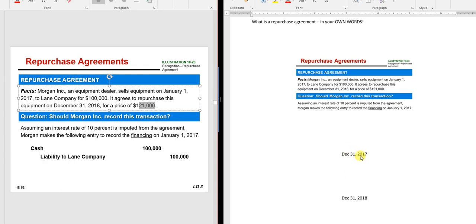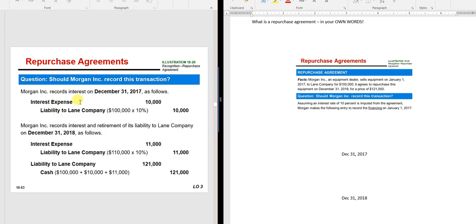Okay, so then on December 31st, 2017, remember I said that $21,000 is interest over 2 years. You could probably do it the straight line method and divide 21,000 divided by 2. They're probably going to actually take principal times rate times time. Anyway, I have 10%. So in the next one, I have principal times rate times time. 100,000 times 10% is 10,000.